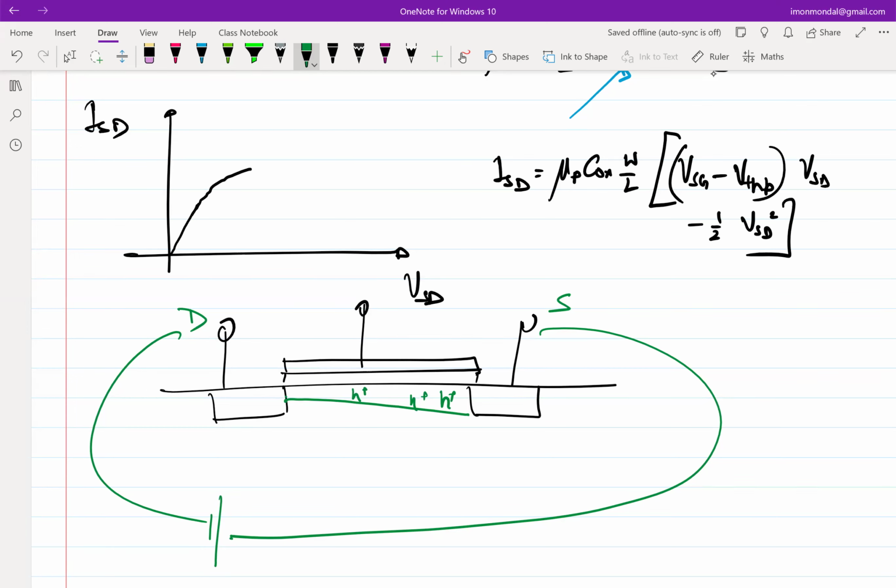So can you comment what happens if I keep on increasing VSD? Because looks like if I keep increasing VSD, the rate at which the current would have decreased is not the same anymore, right? Because of this minus half VSD squared term. So what does this imply with respect to what's happening in the channel?